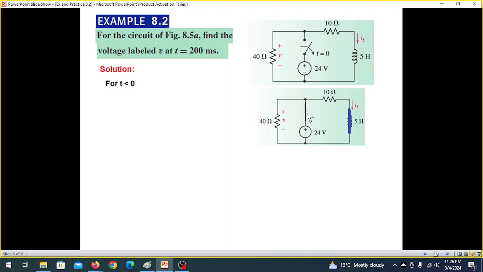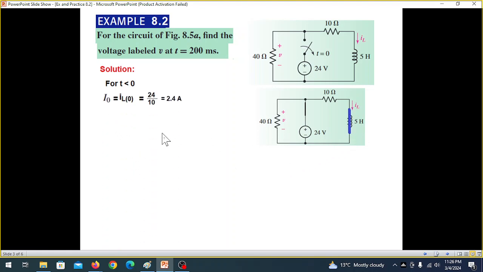So this switch is closed. And another phenomenon that will occur is that the inductor will behave like a short circuit. We know that inductor value is present only for AC signals, not for DC signals. And so when this DC passes through, it will make the inductor behave like a short circuit.